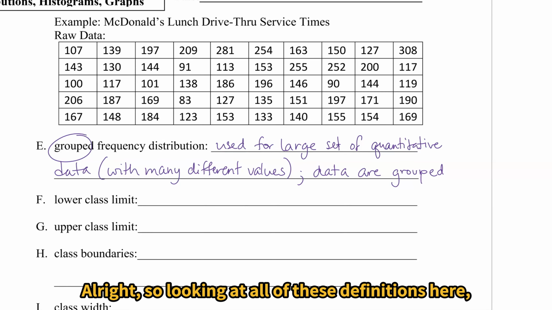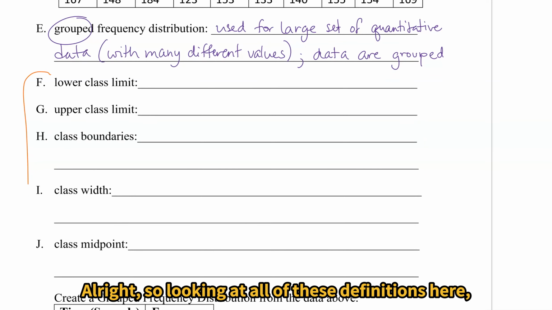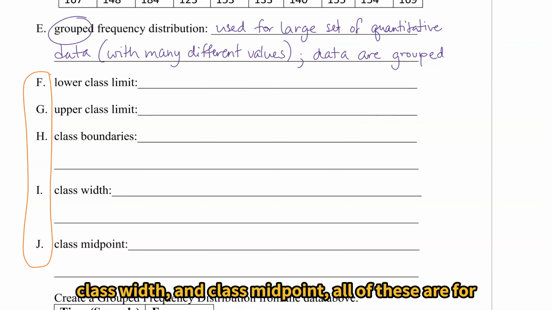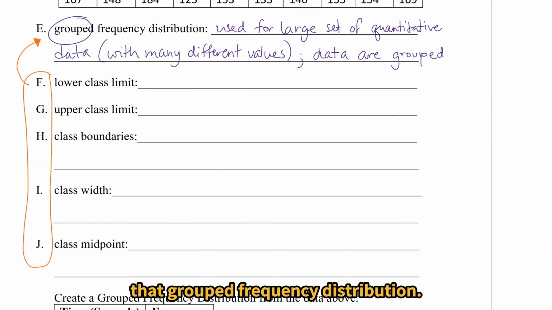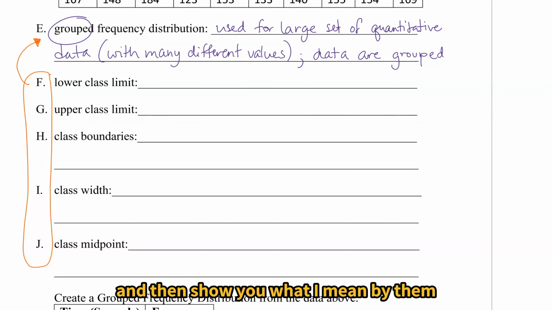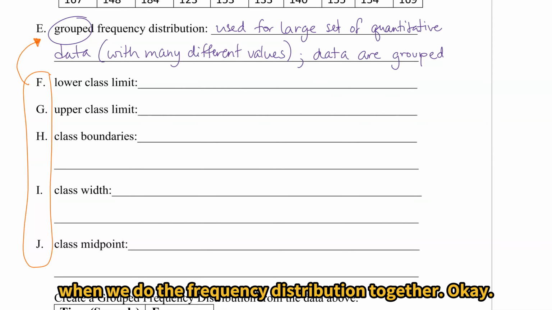All right, so looking at all of these definitions, from the lower class limit, upper class limit, class boundaries, class width, and class midpoint, all of these are for that grouped frequency distribution. So again, I'm going to give you the definitions and then show you what I mean by them when we do the frequency distribution together, okay?